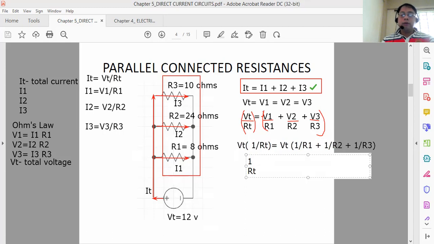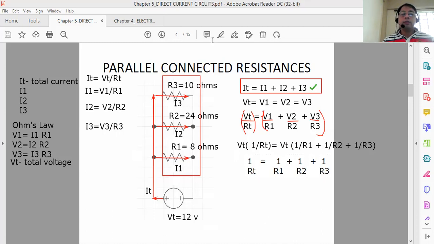So this left side will now be equivalent to 1 over R1, then added to 1 over R2. Then next, you have to add the last value there, 1 over R3. So those are our final values.